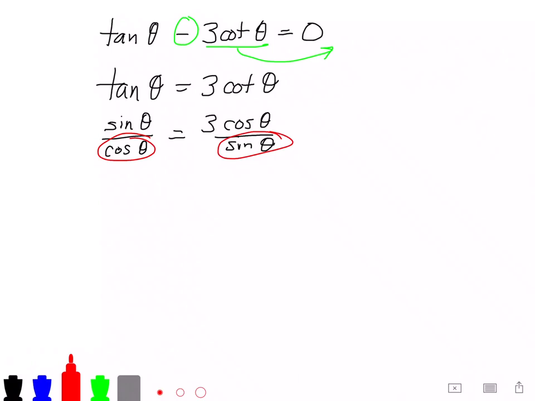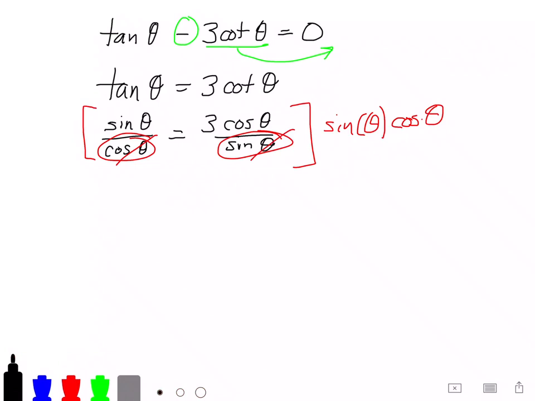I need to be having no denominators, so because I have an equation here, I can multiply through by sine of theta cosine of theta. Because when I do that, the cosine is going to drop out here, and the sine is going to drop out here.